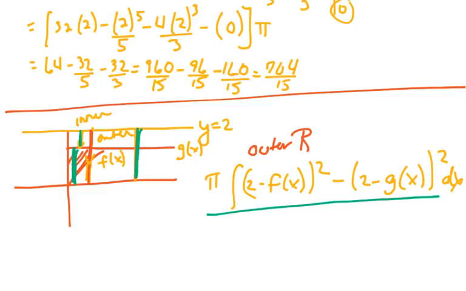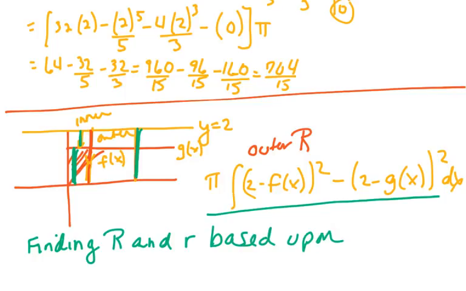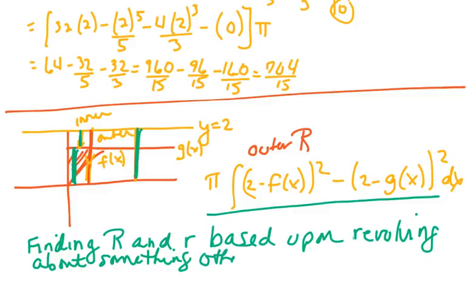So to summarize, you're finding big R and little r based upon revolving about another axis, a non-major axis, something other than x or y. Hope that helps.